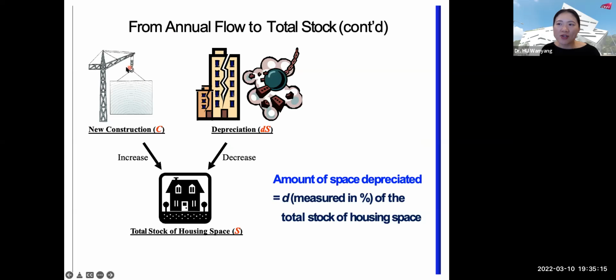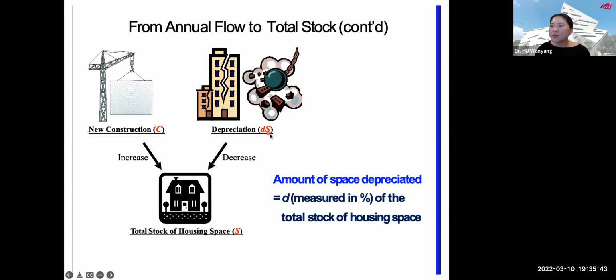You have new construction, you build more housing units, but at the same time you have some housing depreciated. So this is an increase from new construction, and then you also have some decrease. Both of these will be added to the total stock of housing space.